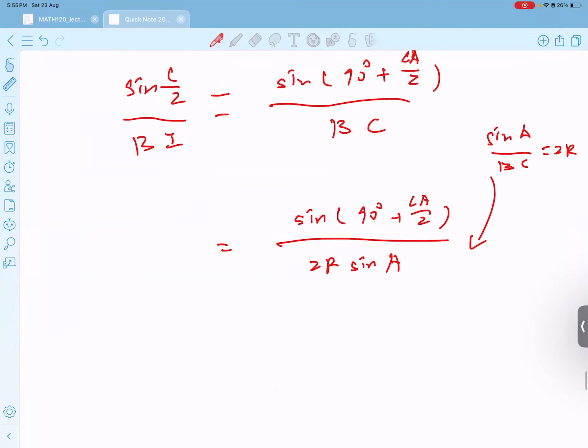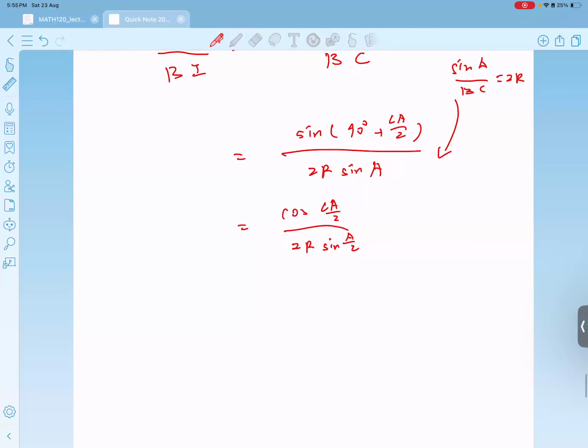So cosine A over 2 over 2R sine A. Is it negative? Yeah, I'm pretty sure this is correct. Sine 90 plus x is just cosine x. Sure, that's true.